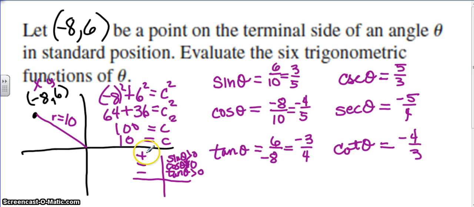Remember, the sine is y over r, and r is always positive because it's a distance. And y in the second quadrant is positive, x is negative, and tangent, besides thinking of it like y over x, is also sine over cosine. So if you take a positive divided by a negative, you get a negative. In your third quadrant, your sine is negative, your cosine is negative, which makes your tangent positive. And in your fourth quadrant, sine is negative, cosine is positive, tangent is negative.